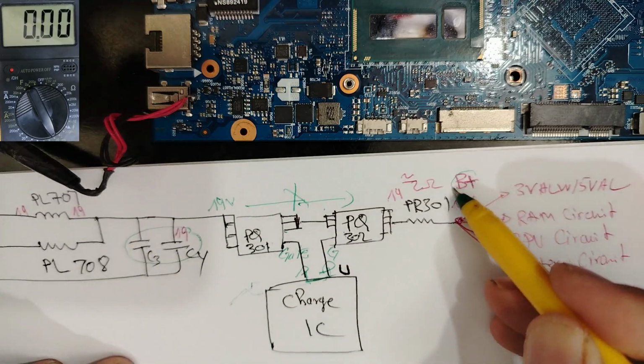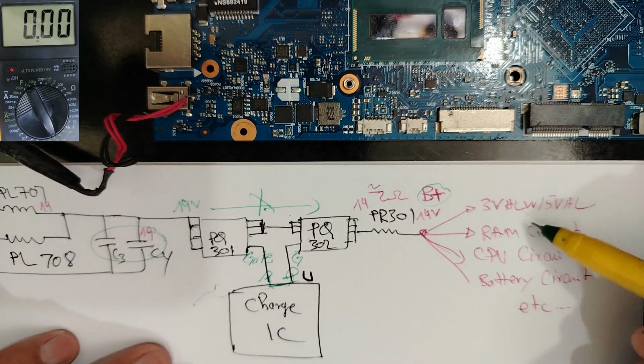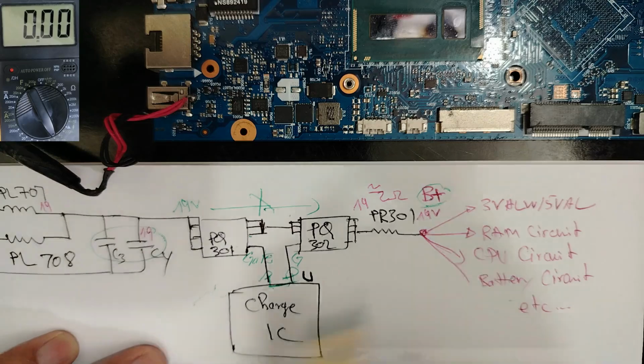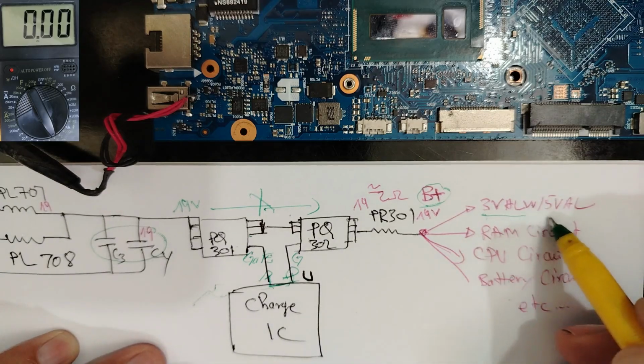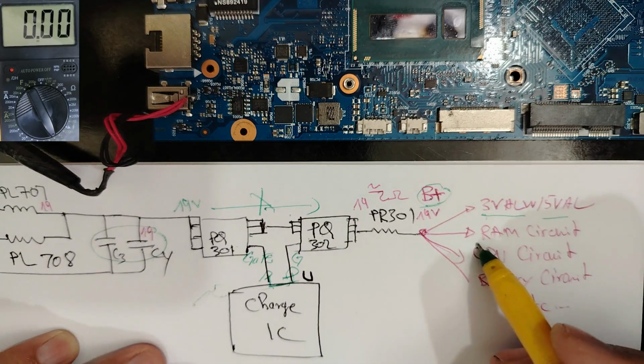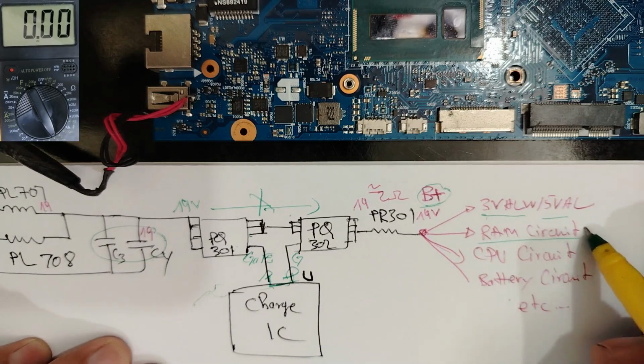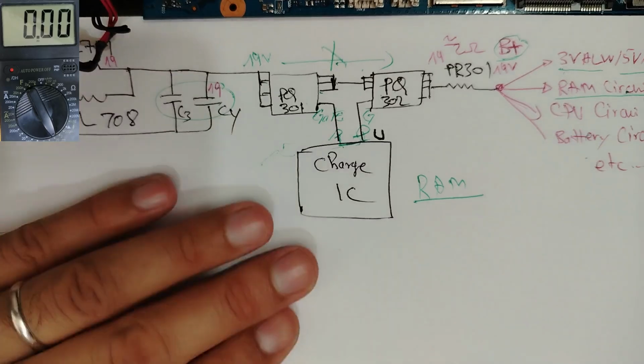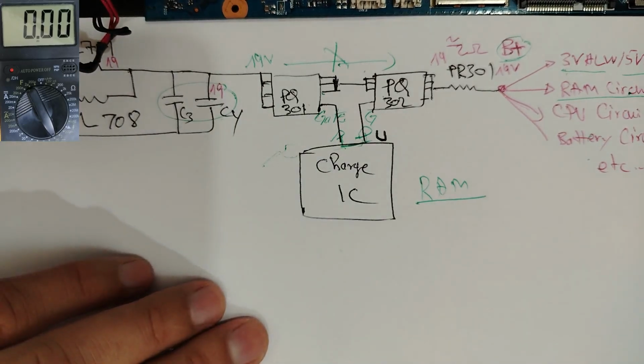Then we will not get B+, then those circuits will not get the main voltage. B+ means we will not get 3 volt, we will not get 5 volt, we will not get the RAM circuit voltage. Basically guys, for the RAM circuit, I will share with you some voltages that are very important.